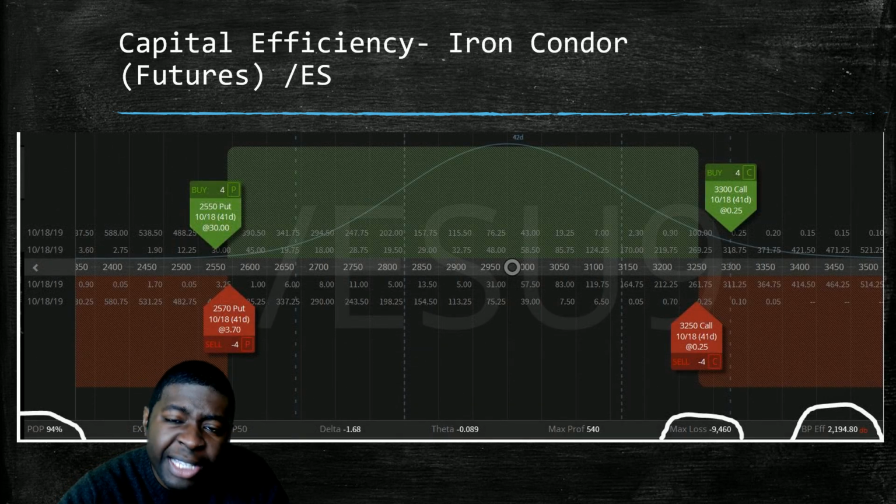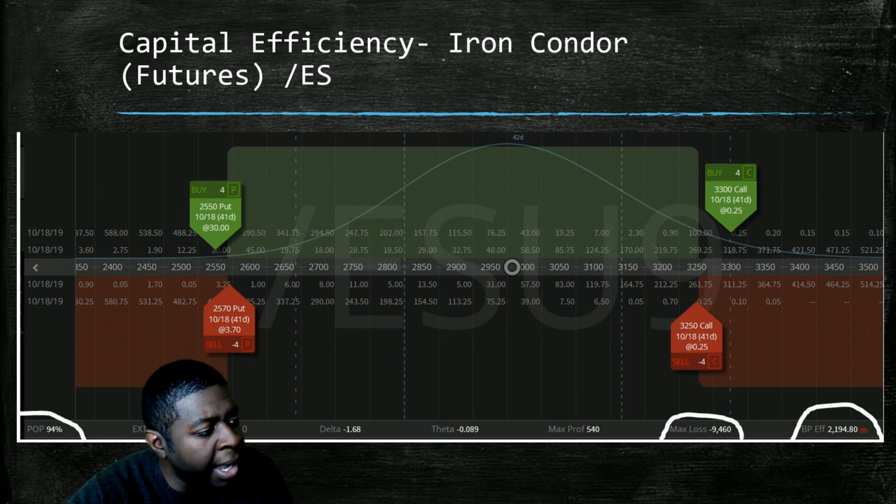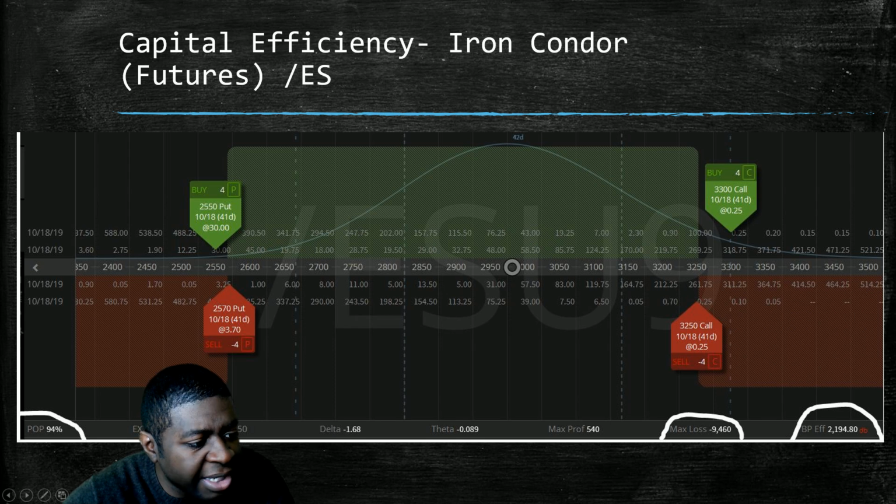All right. So let's go into our example. In this example, I'm going to use the iron condor trading on the futures market. So if you can zoom in a little bit here or just watch this in bold, you'll be able to see that if we took this iron condor trade using the ES future, we're offered the ability to have this trade at 94% probability of success, right?